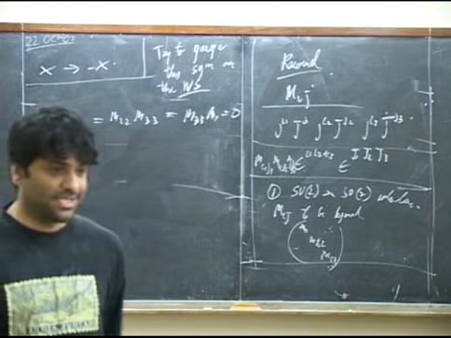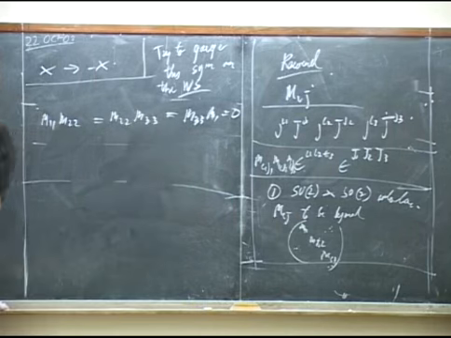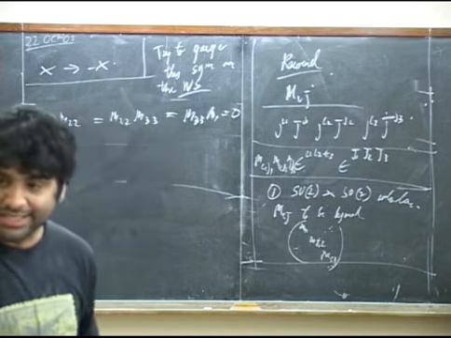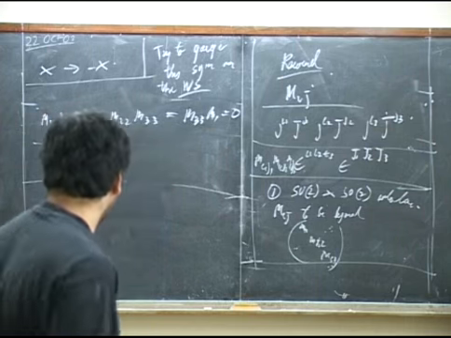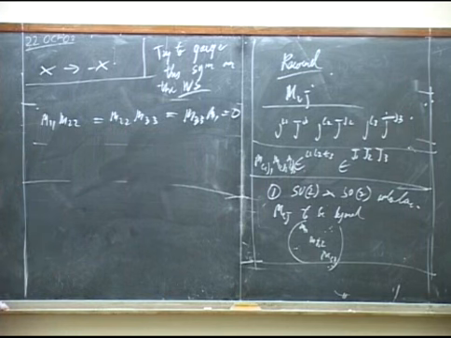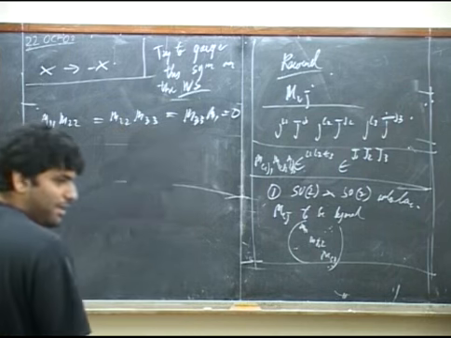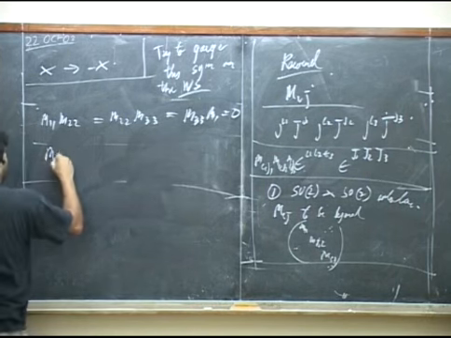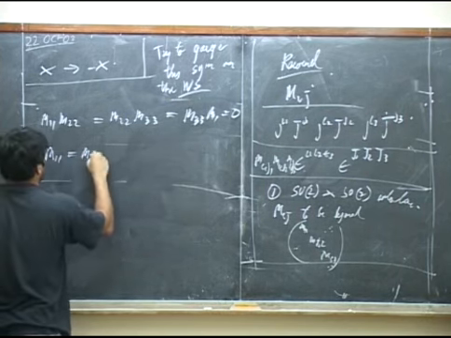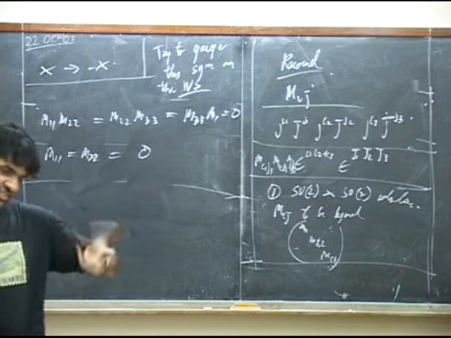How do we satisfy this condition? Of course, there's the obvious solution in which everything is 0. But if you look at it a little bit more, because it's a product of two things, any one of them being 0 is not enough, but any two of them being 0 also satisfies the equation. So, for instance, m11 equals m22 equals 0 satisfies the equation, and you can permute.